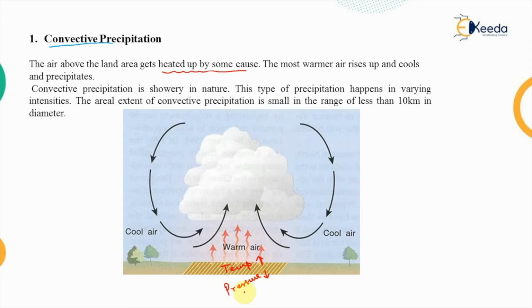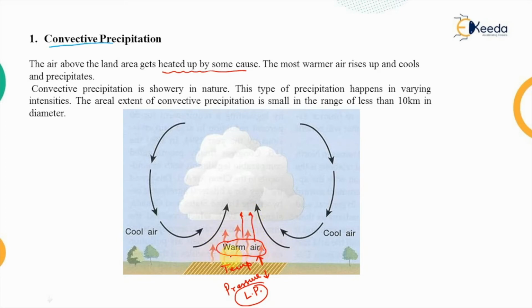So that is a low pressure region, denoted by LP. Because of this low pressure and the warm air present here, the warm air being light in nature will lift up. That means from this place the air will be rising up into the atmosphere.